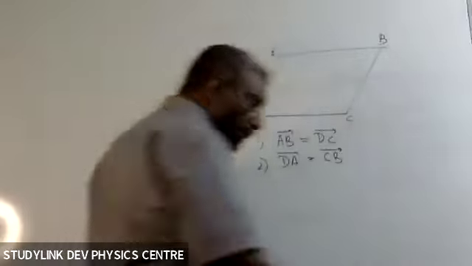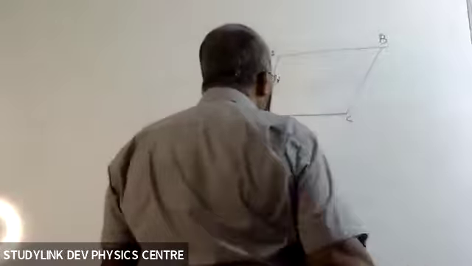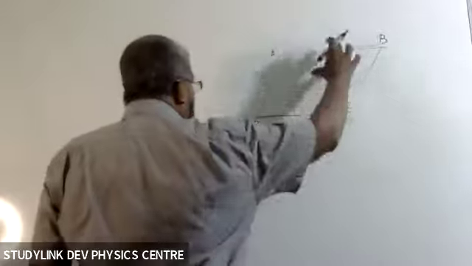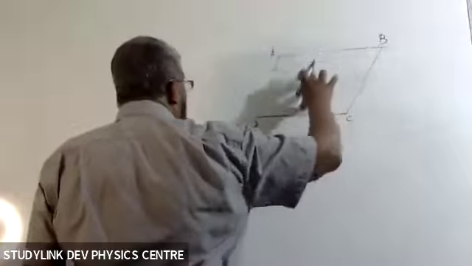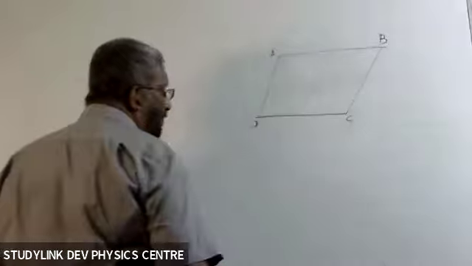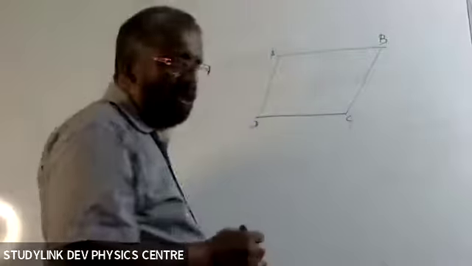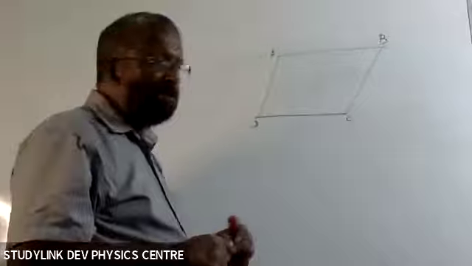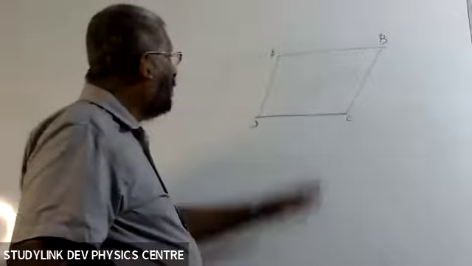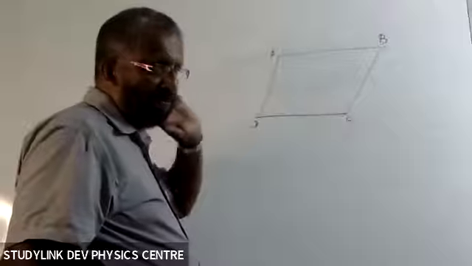Now I'll do the question. First, this is a parallelogram. Opposite sides are parallel and equal. If I ask what is the definition of a parallelogram, most of the students say opposite sides are parallel and equal.